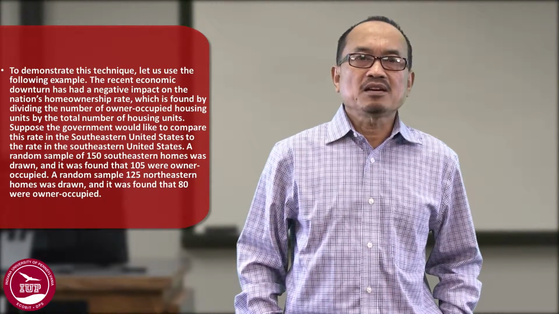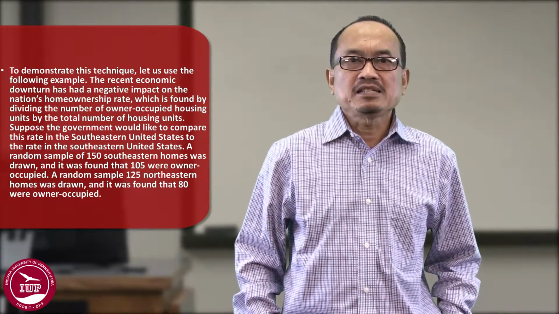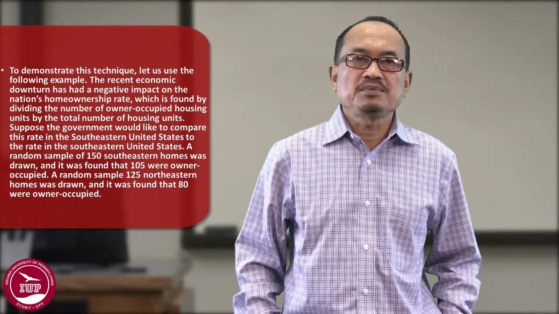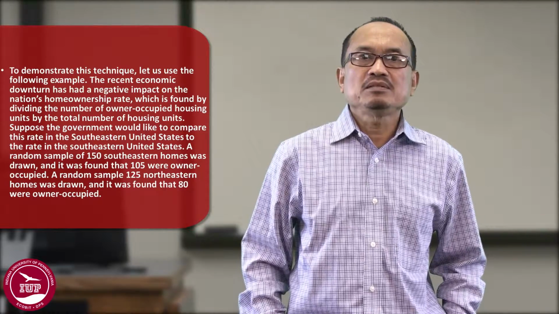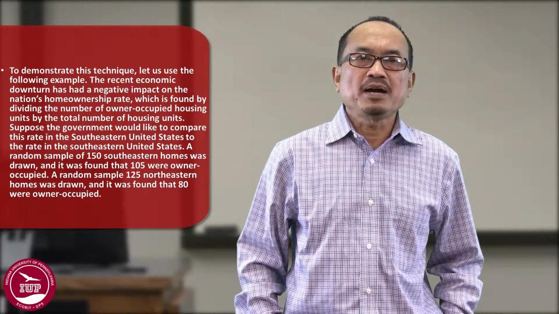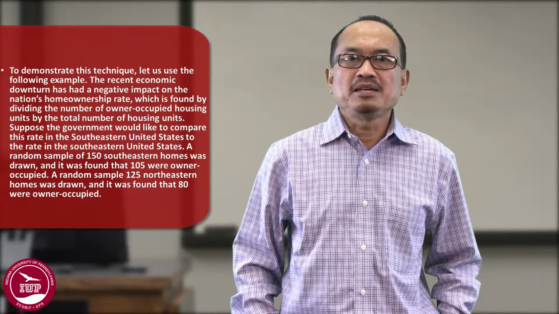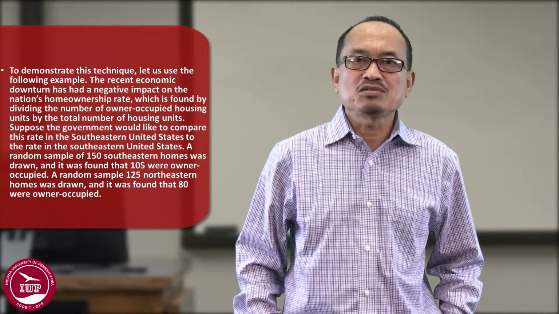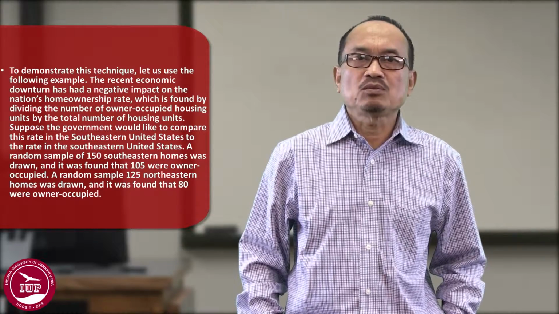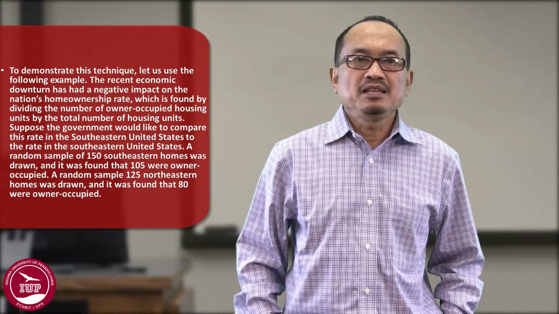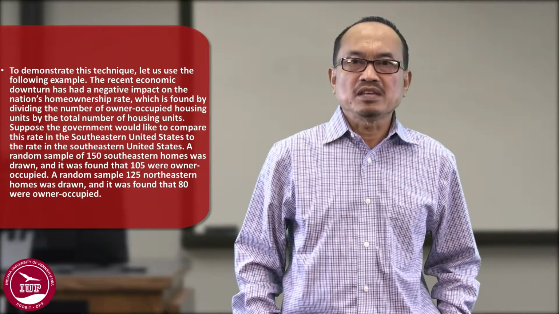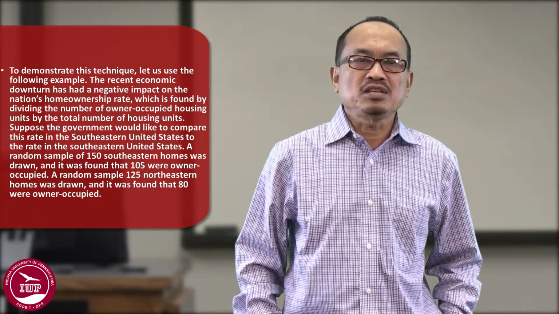The recent economic downturn has had a negative impact on the nation's home ownership rate, which is found by dividing the number of owner-occupied housing units by the total number of housing units. Suppose the government would like to compare this rate in the Southeastern United States to the rate in the Northeastern United States.